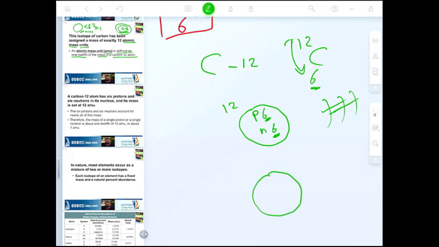It has 12 individuals: 1, 2, 3, 4, 5, 6 protons, 7, 8, 9, 10, 11, 12, another 6 neutrons. And as you know, the mass of a proton equals the mass of a neutron, so we have 12 individuals, each one equal in mass to a proton or neutron.